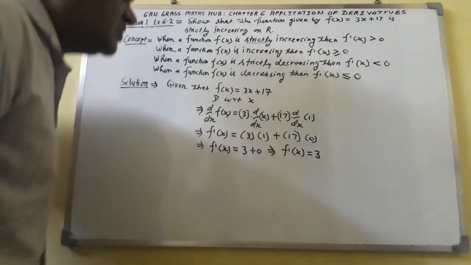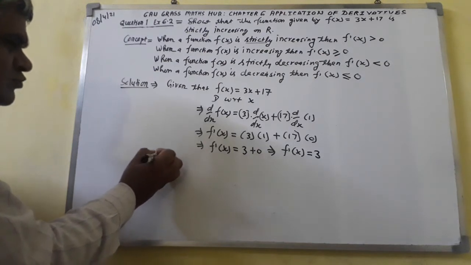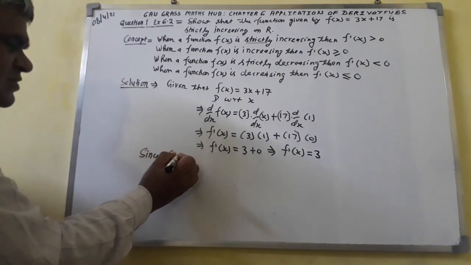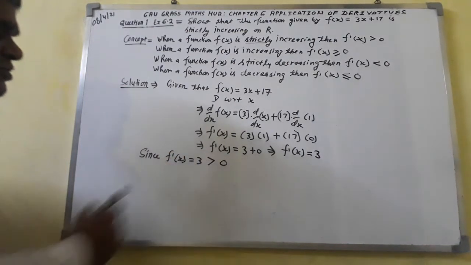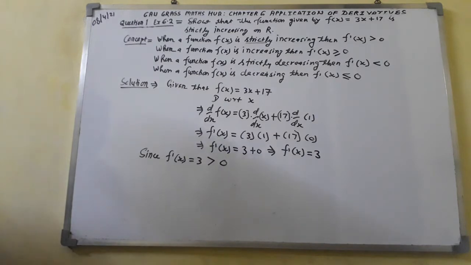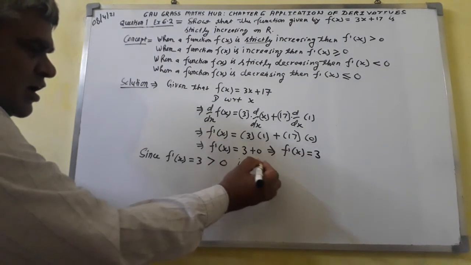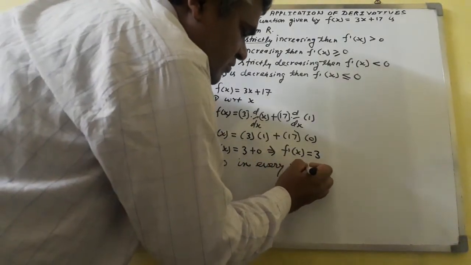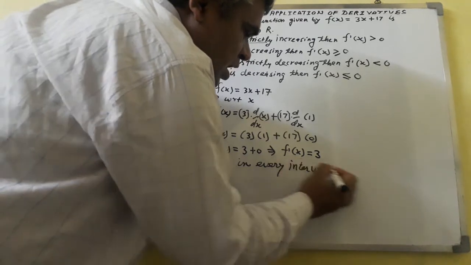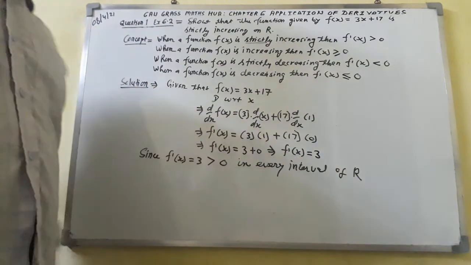So here I shall write: since f dash x equal to 3 is greater than 0 in every interval of capital R. Here capital R is the set of real numbers.